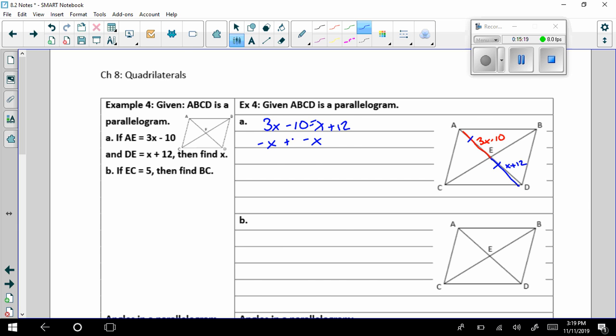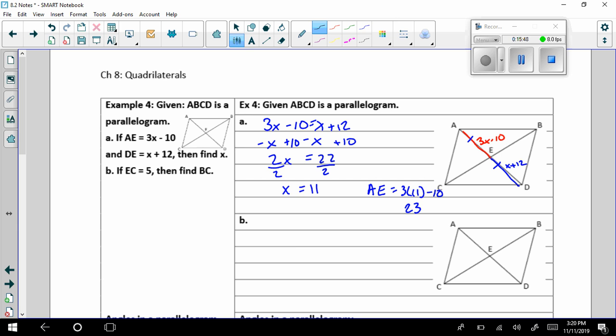Subtract x, add 10. So 2x is equal to 22. And then x will equal 11. Right? You can plug that in and make sure you get the same length for both. Or if this asks you for AE, for example, you would do 3 times 11 minus 10. So 33 minus 10 is 23.